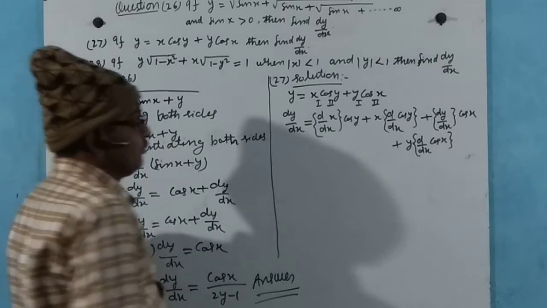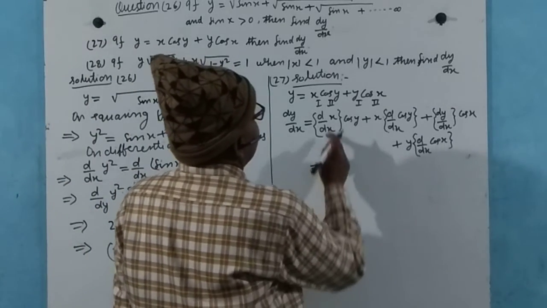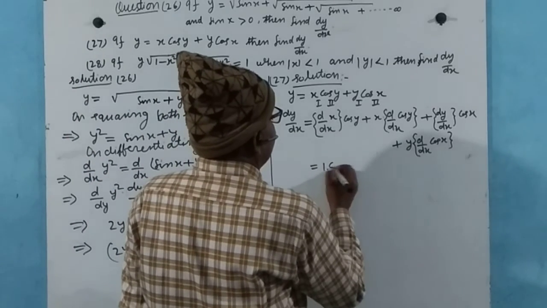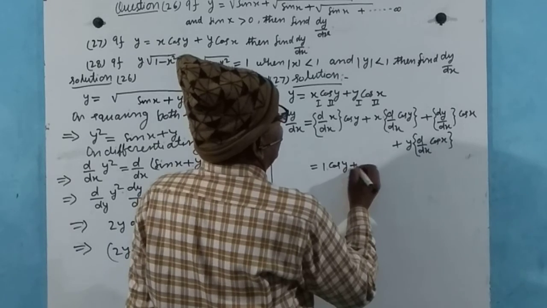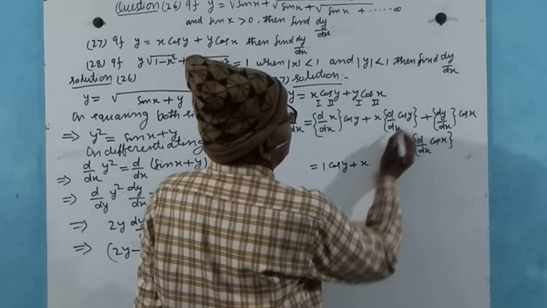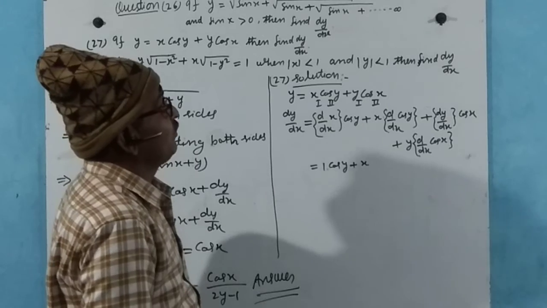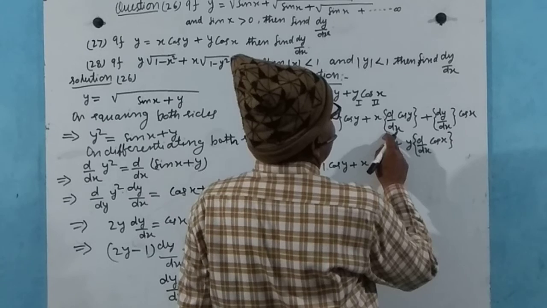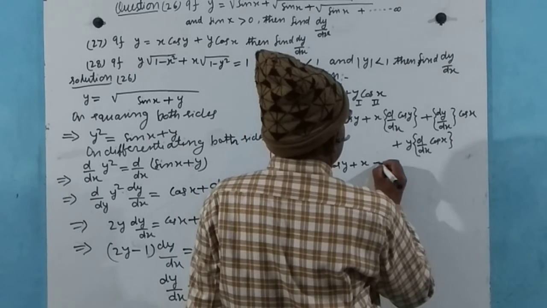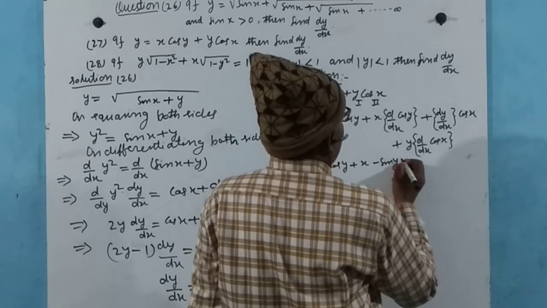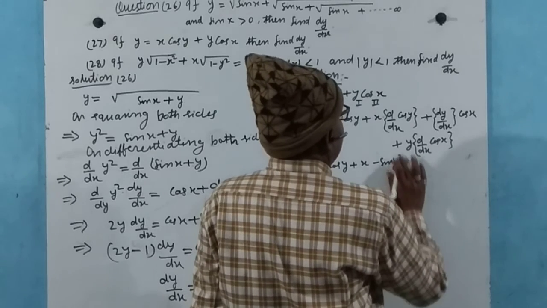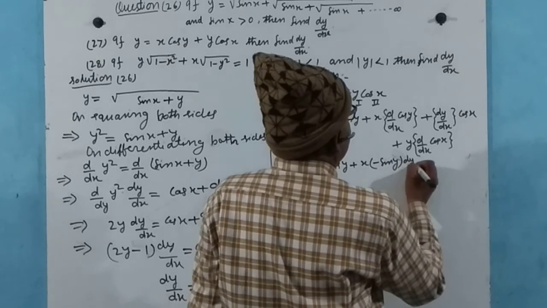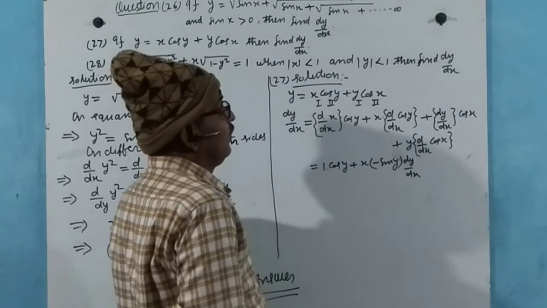Now in this case, d by dx of x is 1, into cos y, plus x into the differentiation of cos y, which with respect to y is minus sin y, and also dy by dx here.